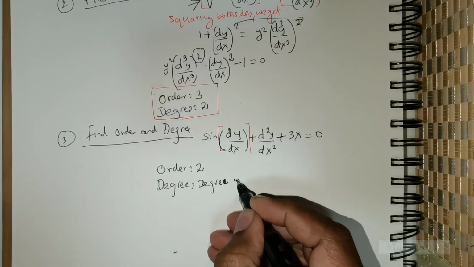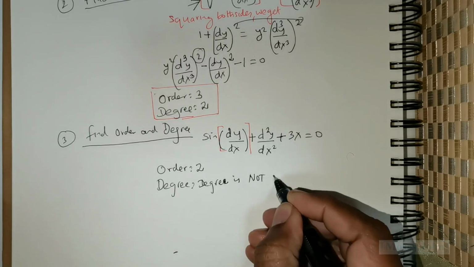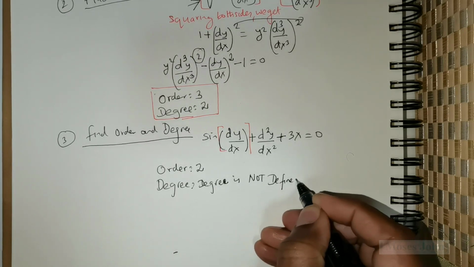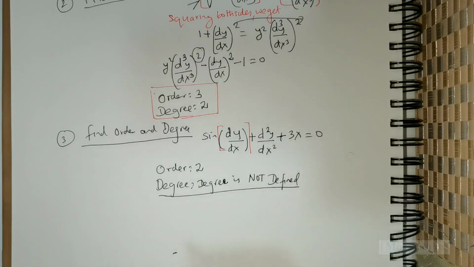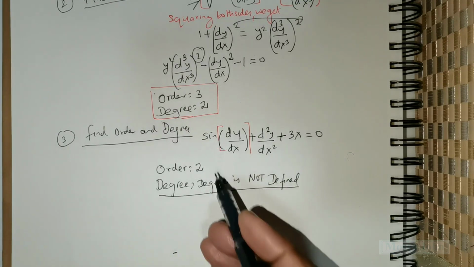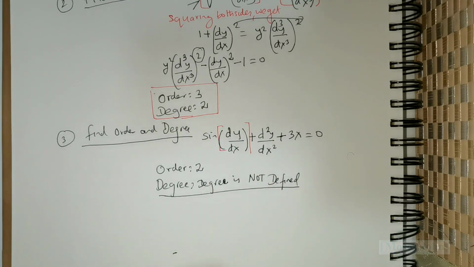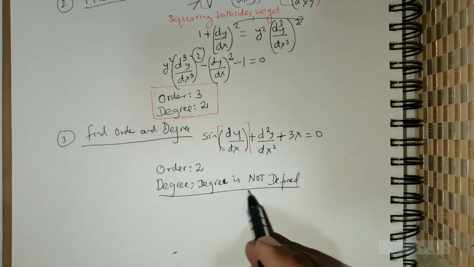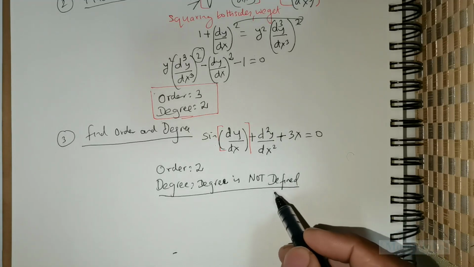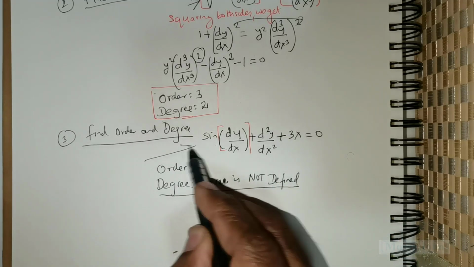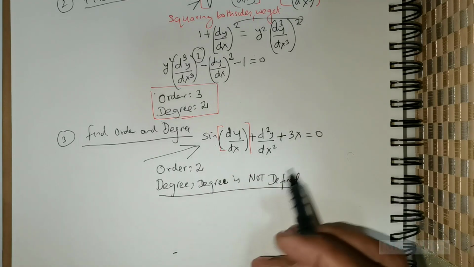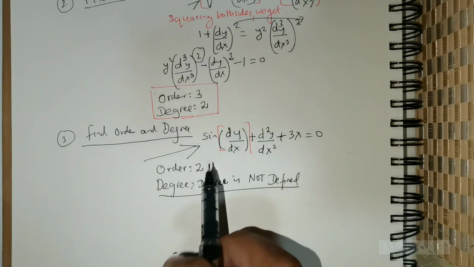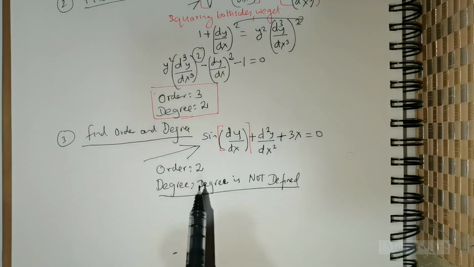The degree is not defined, okay? Because from the definition of a polynomial, you cannot have anything involving sine or e or log. You follow me? So that is the reason that the degree is not defined. Why is it not defined? Because you are unable to express the given differential equation in a polynomial form.